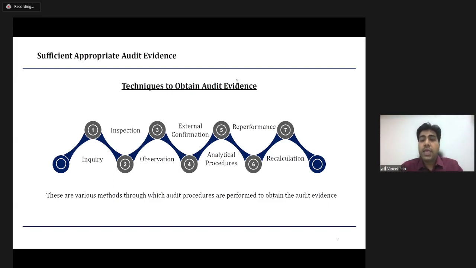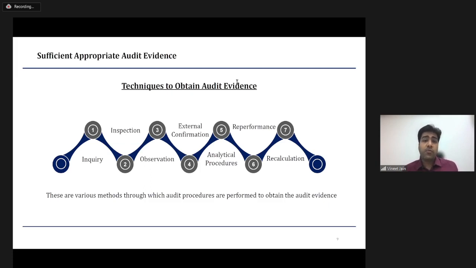Then the fifth one is analytical procedures. We just talked about the common size ratio analysis or gross profit analysis while talking about substantive analytical procedures. So this is the same thing. Performing analytical procedures provides us insights about the movement in the numbers, where the company was in the preceding years and where the company is standing during the period under audit.